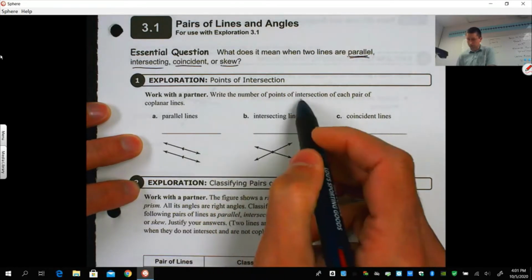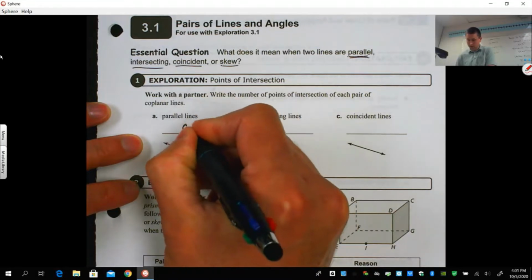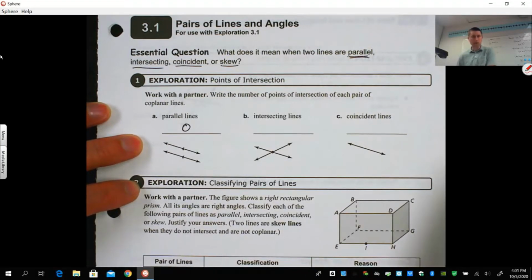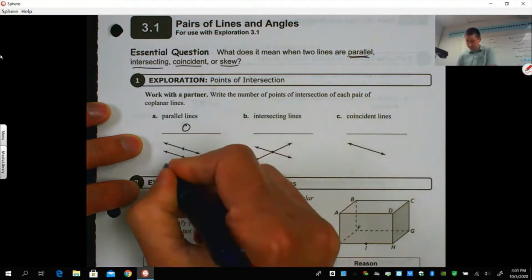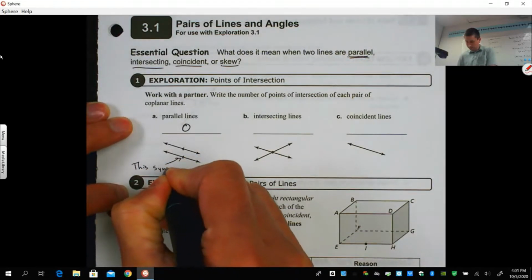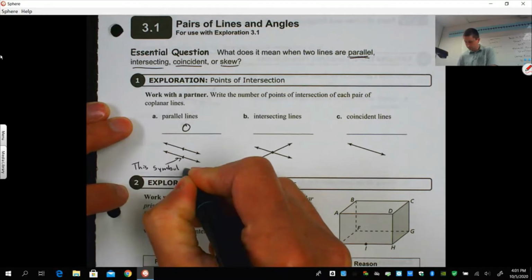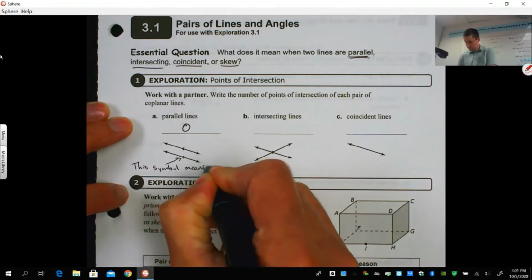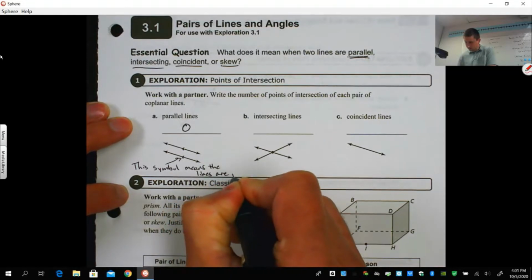So the number of points of intersection, you would have 0 points of intersection for parallel lines. So this symbol means the lines are parallel.